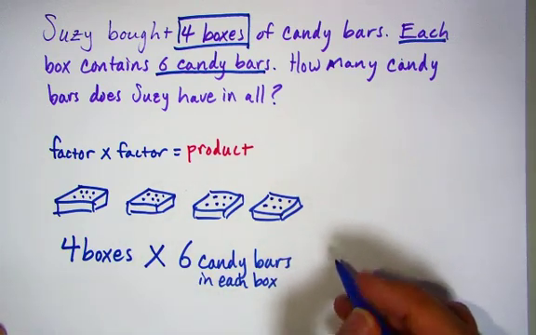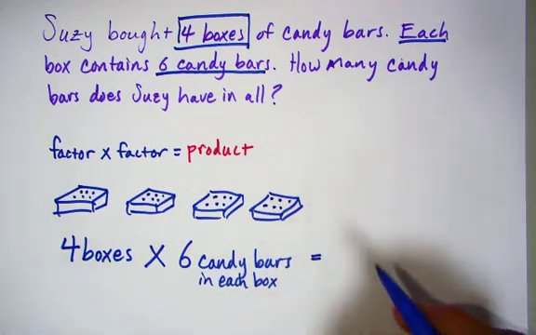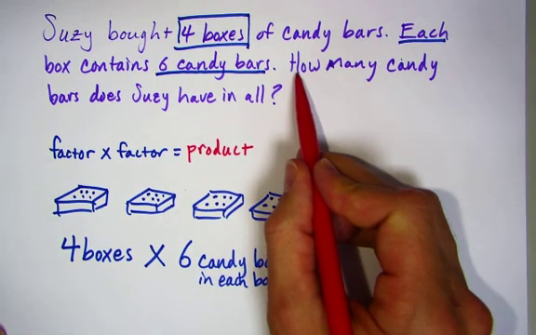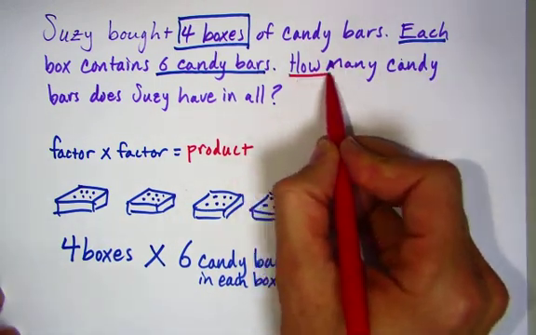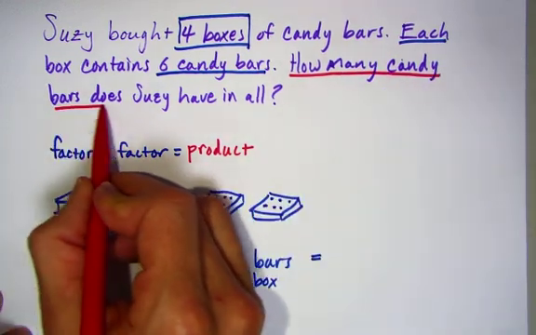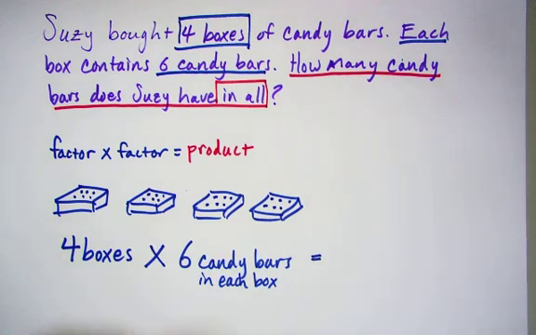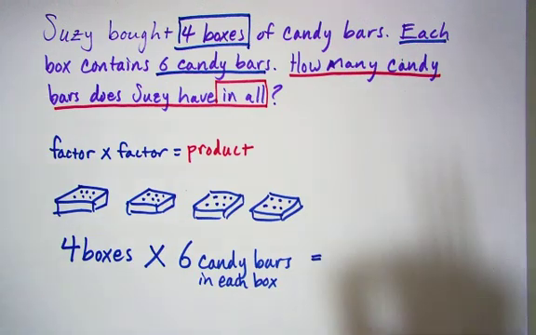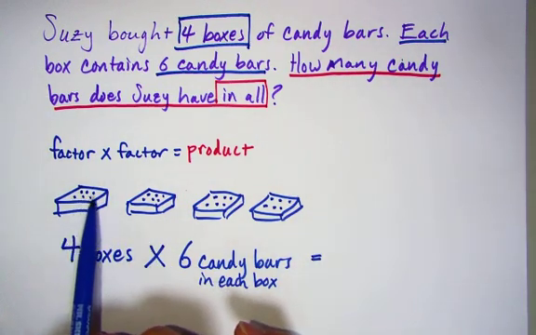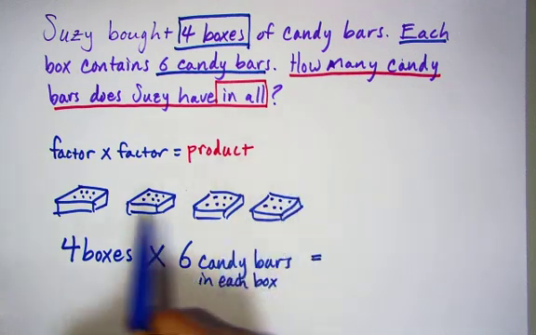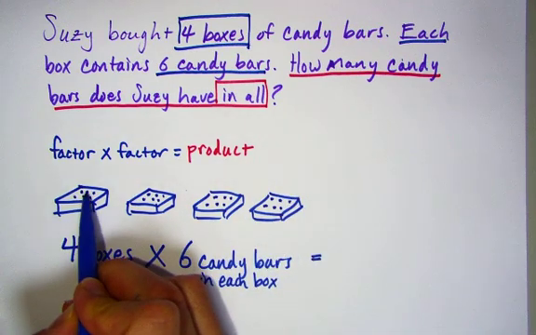So now I have to figure out how many candy bars she has total from this question right here. How many candy bars does Susie have in all? Now here's why we have multiplication. I could count every single tiny candy bar, one by one. 1, 2, 3, 4, 5, 6, 7.